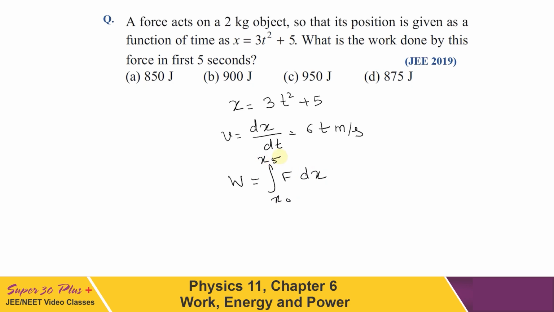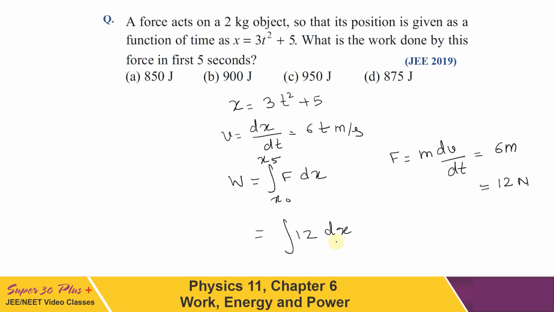Now F we can write from here, it should be equal to m dv by dt, and dv by dt, as you can see, we got 6t, so this is 6, that is 6m. M is given as 2 kg, so it will be equal to 12 Newton. So simply substitute the value here, that will be 12. Now dx will be equal to dx.